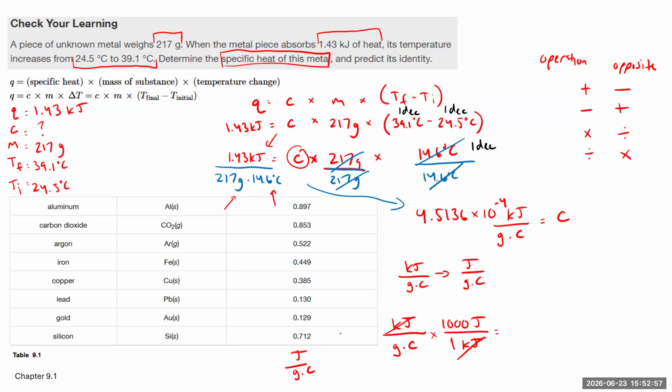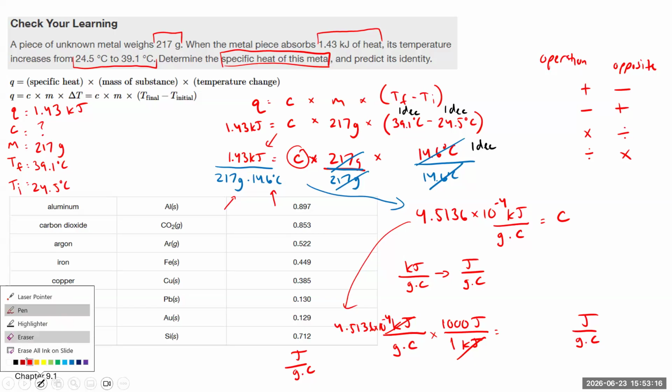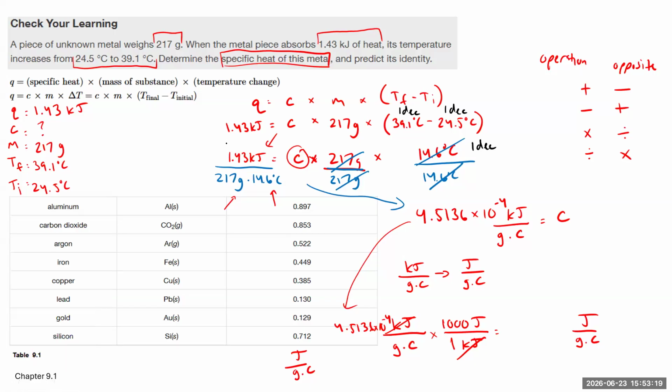Oops, I never wrote this number. We're going to do 4.5136 times 10 to the negative 4. The kilojoules cancel out, so we're just converting this one. So the units are going to be joules per gram Celsius. We have 3 sig figs, so our answer right here is going to be 3 sig figs.